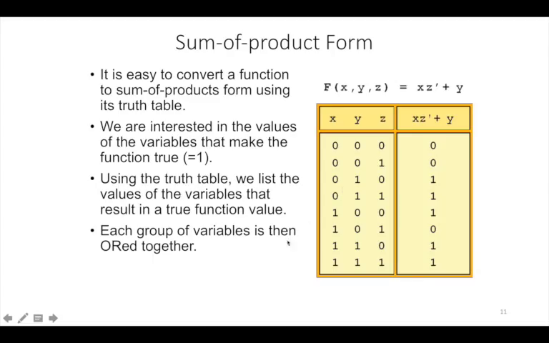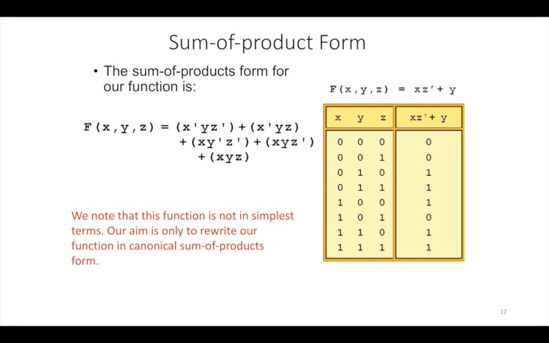Based on this, we can represent the function in sum of products form by summing the product forms of the variables. Specifically, for the truth table on the right-hand side, the function f equals the first term, which corresponds to this value 1: x complement and y and z complement.